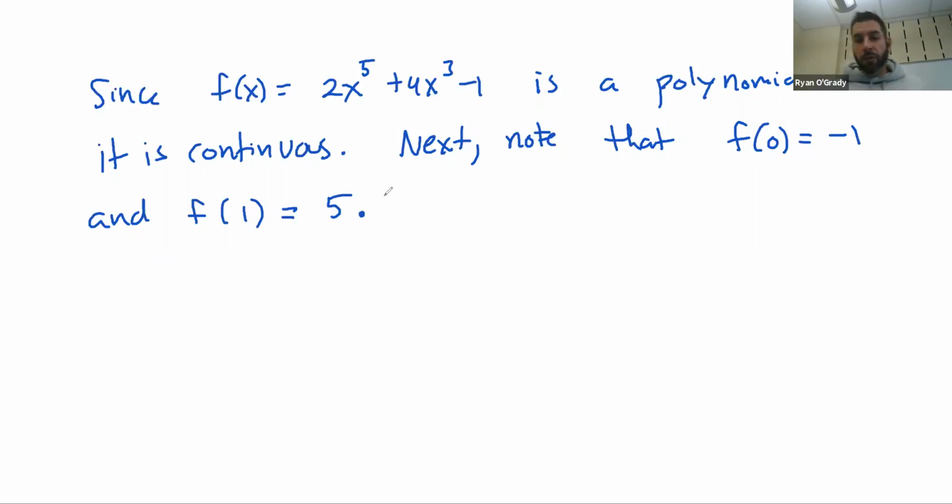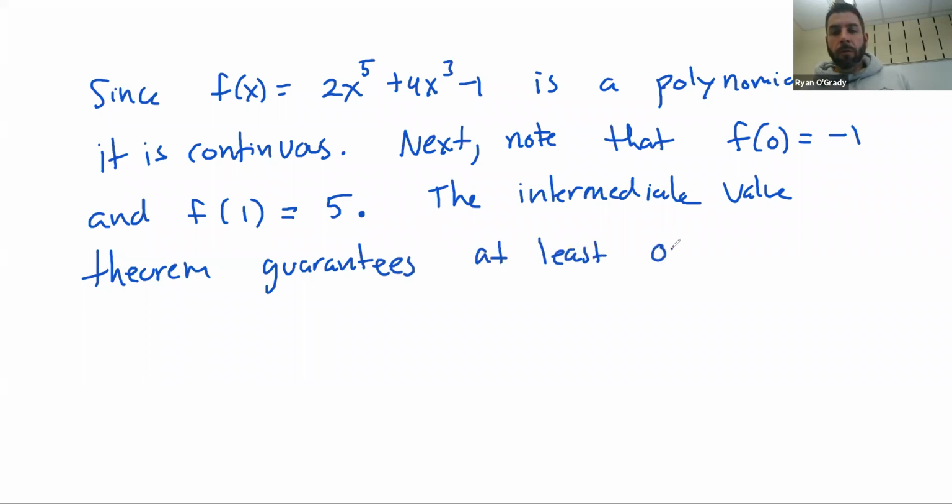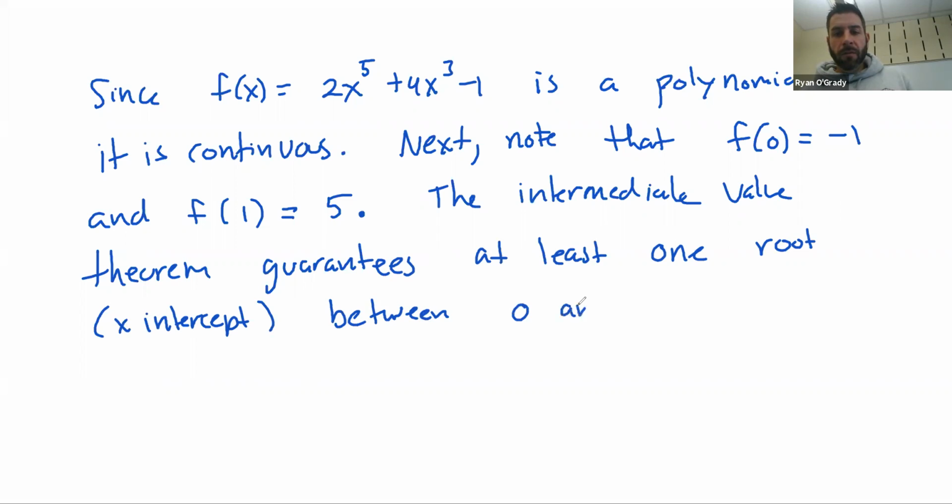But nonetheless, without me even doing that, what we have then is the intermediate value theorem guarantees at least one root, or you could think of that as x-intercept, between 0 and 1.